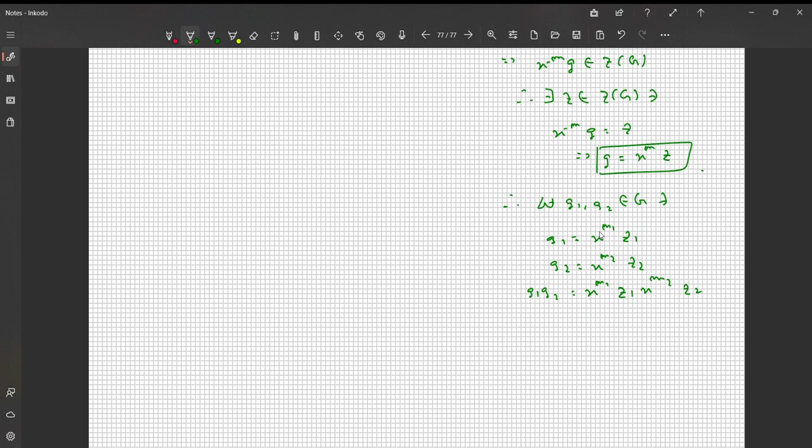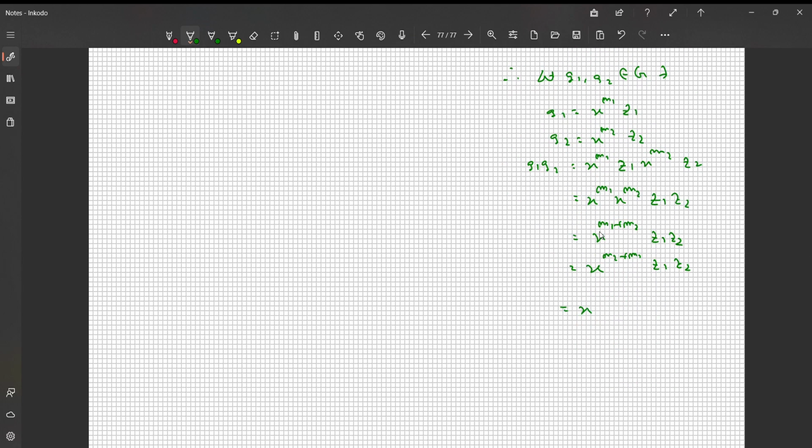But z1 and z2 are elements from the center, so they commute with every other element in G. So z1 will commute with x to the power m2. So this becomes x to the power m1, x to the power m2, z1, z2, which equals x to the power m1 plus m2, z1, z2. This equals x to the power m2 plus m1, z1, z2, right?